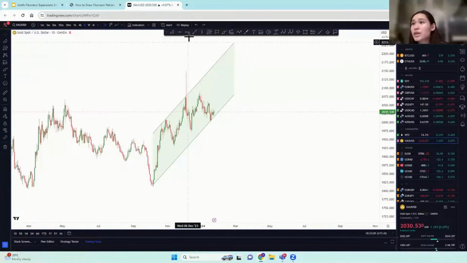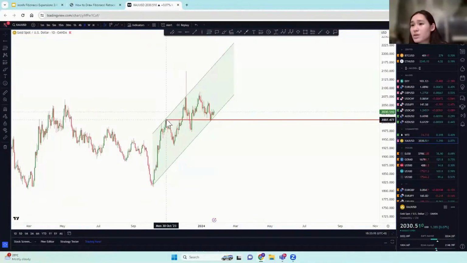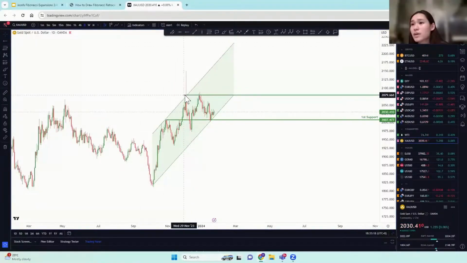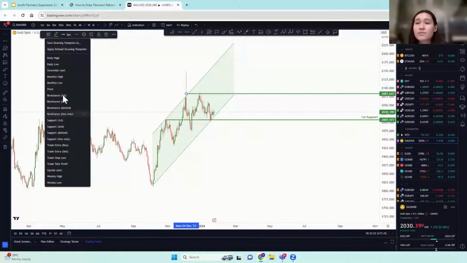Okay. So let's go in and look at our support and resistance levels. So here will be my first support, and here would be my first resistance.